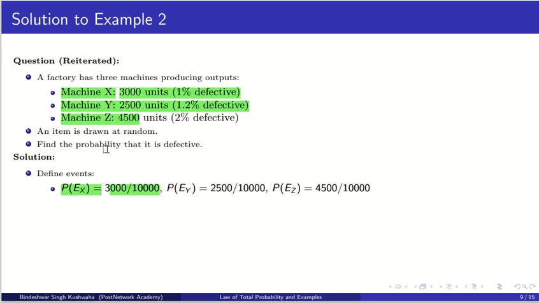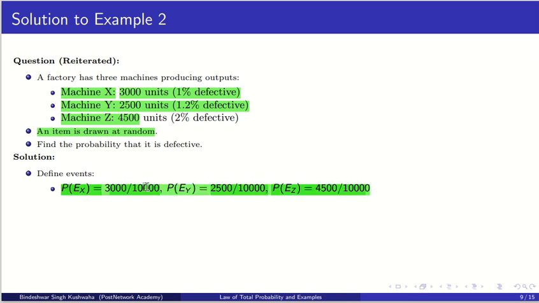The same way P(E_Y) is 2500 upon 10,000 and P(E_Z) is 4500 upon 10,000.